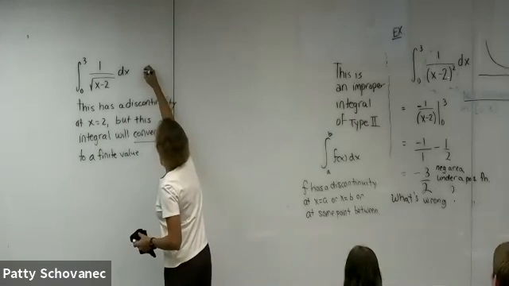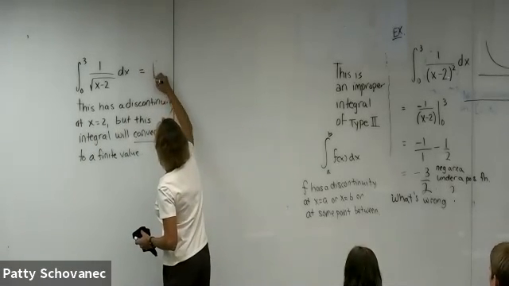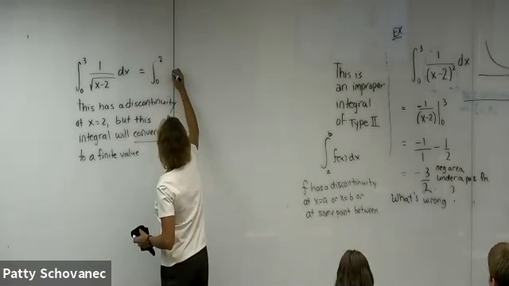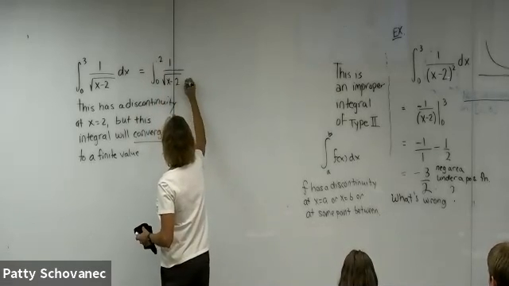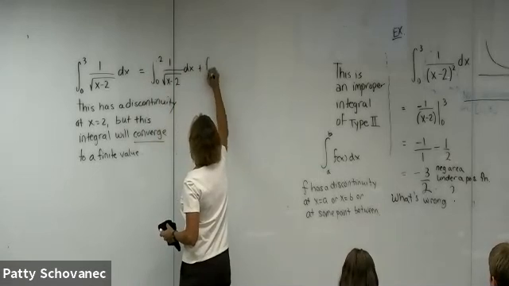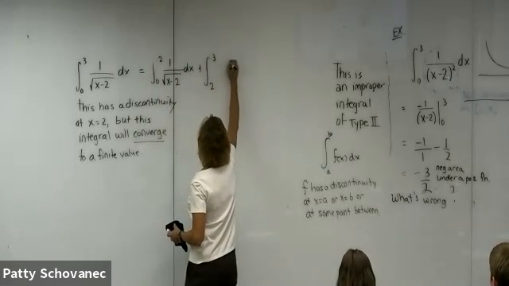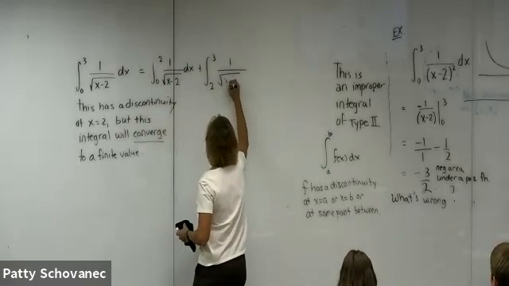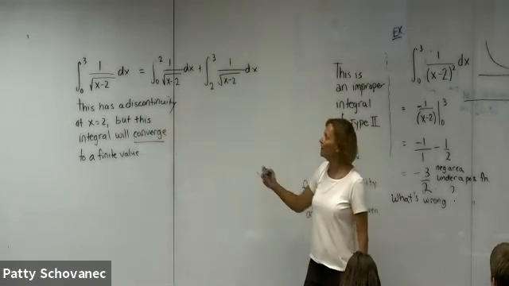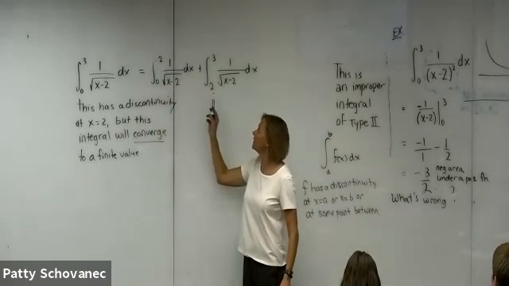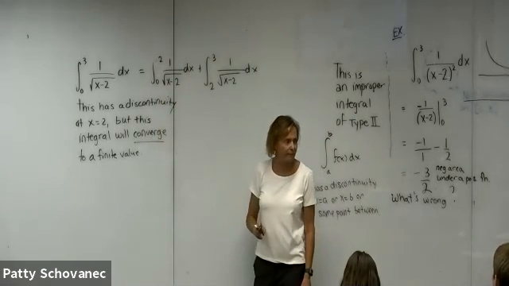So I'm going to do this integral as the integral from 0 to 2 plus the integral from 2 to 3. And here I'm going to replace this 2 with a letter and that 2 with a letter and write a limit out in front.